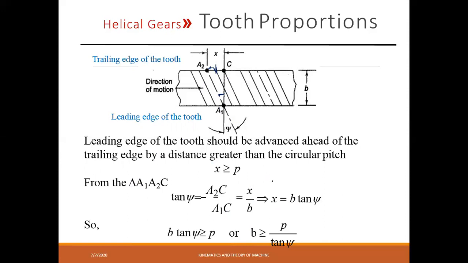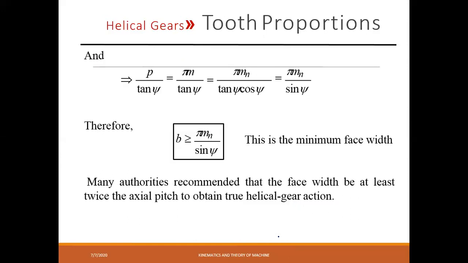Now x is greater than or equal to P. So put the value of x equal to B tan psi in this equation. We get B tan psi greater than or equal to P, or you can say B is always greater than or equal to P upon tan psi, right? The circular pitch on the pitch circle is pi m, and m is pi mn divided by cos psi.